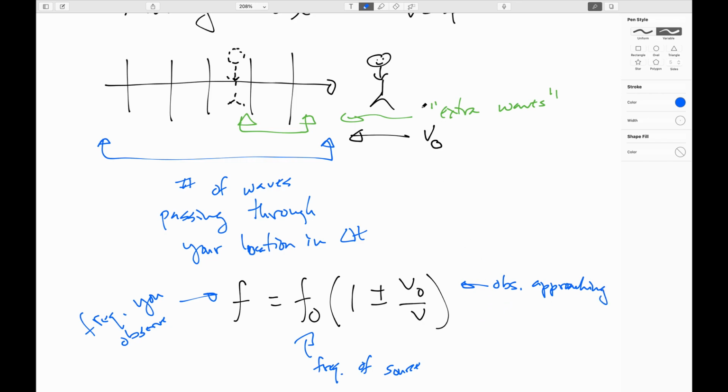On the other hand, if you were heading the other way, then effectively you're running away from the waves. And so these two extra waves, let's say, would actually not have made it to your ear because you moved that far over. So then the frequency would be lower if the observer was receding from the source.